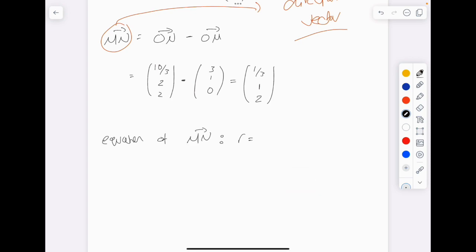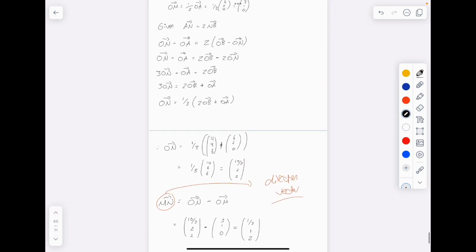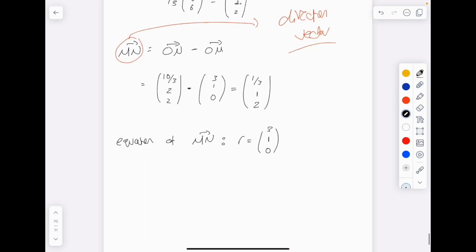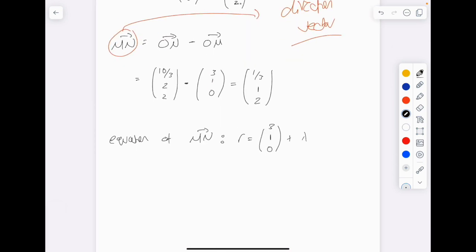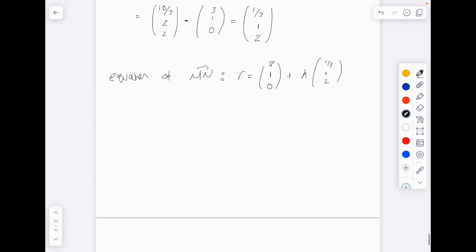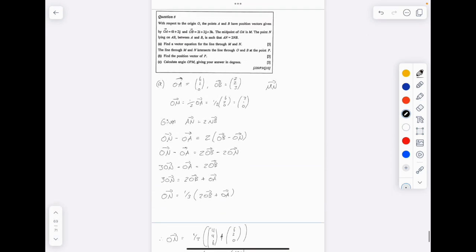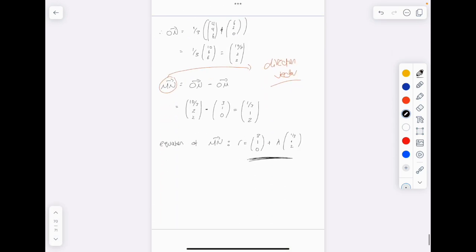It's r is equal to 3, 1, 0, right, plus lambda of a third, 1, 2. Brilliant. So that, guys, is going to be the answer to number A. Okay, it's going to be the answer to the first question.